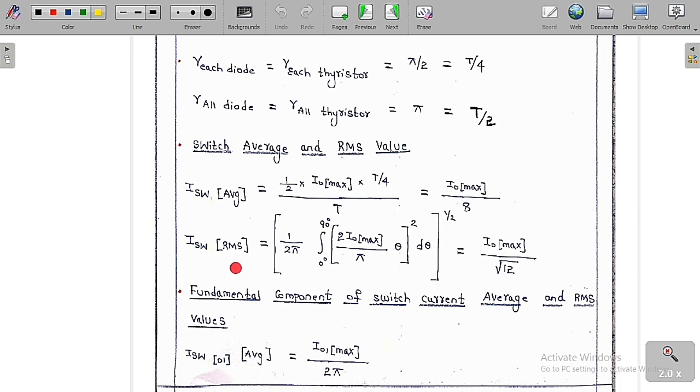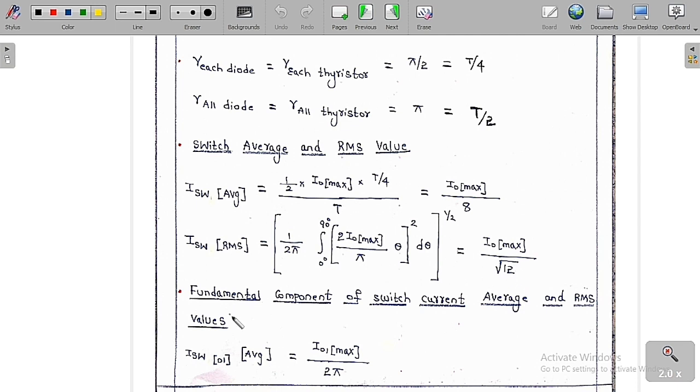Similarly, the RMS value of the switch current is equal to the square root of 1 by 2 pi, integration from 0 degree to 90 degree, of the slope, which is I naught max by pi by 2, into theta, whole square, d theta. So finally you are going to get I naught max by root 12.